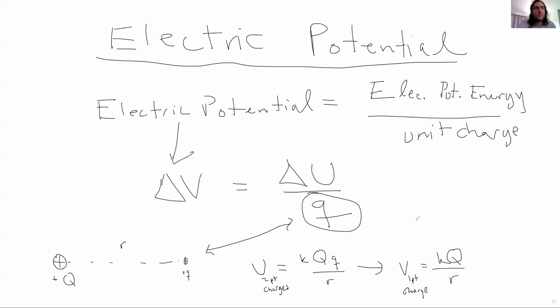Okay, so that's our formula for the point charge. And we always remember that for U and V, these are 0 as R tends to infinity. So that's where our 0 point is.